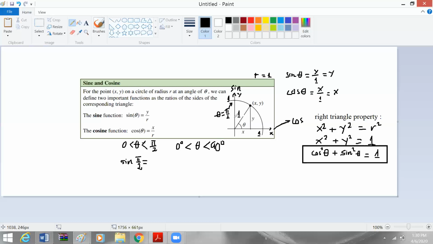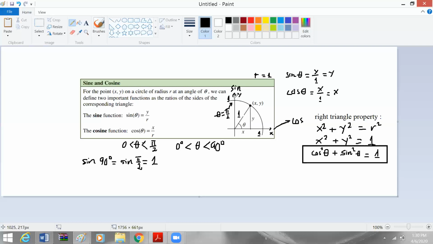We can literally check that x equals 0. So sine of pi over 2, meaning that this is basically the same as sine of 90 degree, and that literally equals 1.